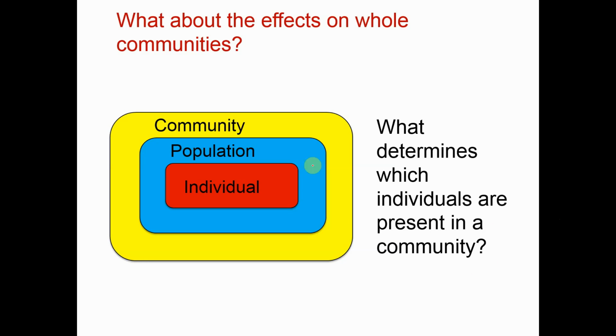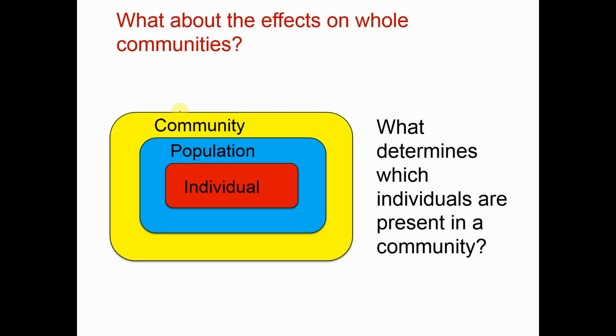Well, remember, a community of animals is made up of a lot of populations of different animals. And each population is made up of a collection of individuals. So we've done these experiments on individual animals, but how does that scale up to affect the structure of entire communities?